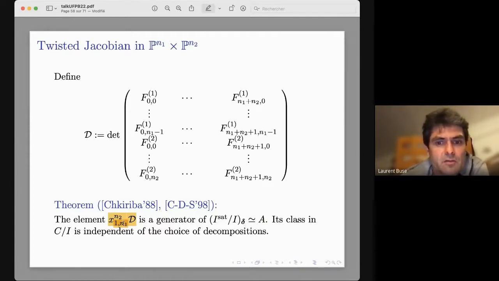The twisted Jacobian is x1,n1 to the n2 multiplied by D. This is the single element that generates I^sat mod I in degree delta. Again, we have made a lot of choices in the decomposition before, but if you look at the class in C mod I, then the element becomes independent of the choice of decomposition. So it gives you a canonical generator of I^sat mod I in degree delta.